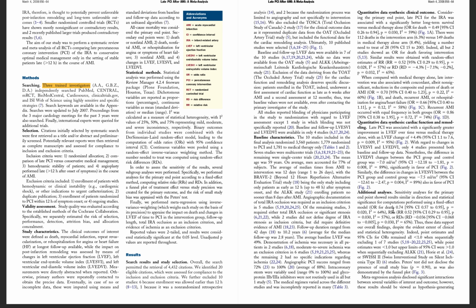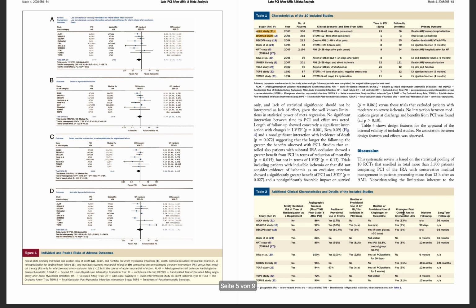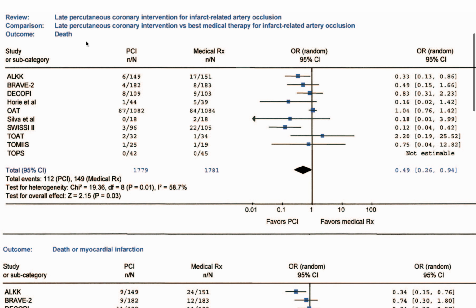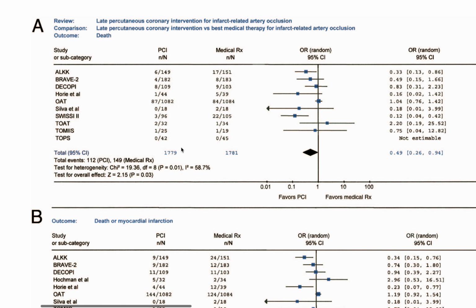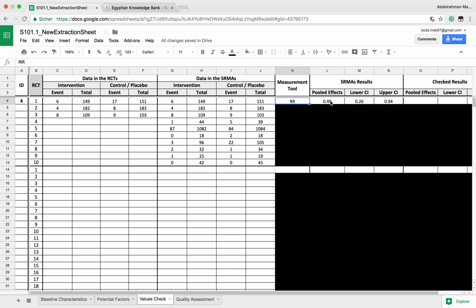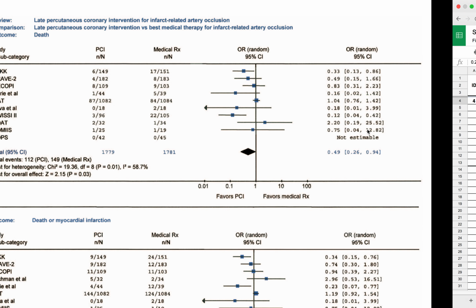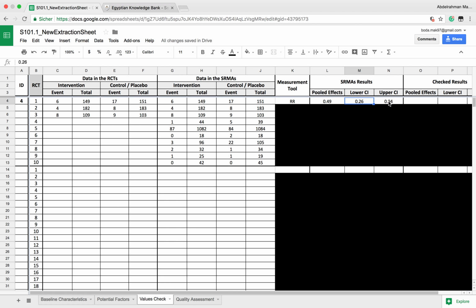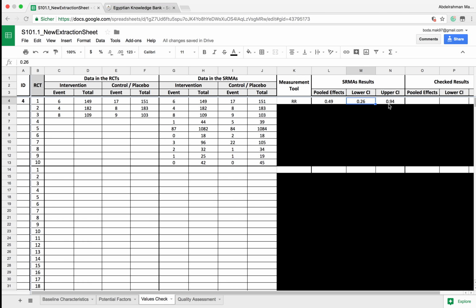For death, it was relative risk. Okay, so pretty good. So we'll write the final result here. We'll write 0.49, relative risk 0.49, the pooled effects, lower confidence interval and upper confidence interval here, and we're good to go.